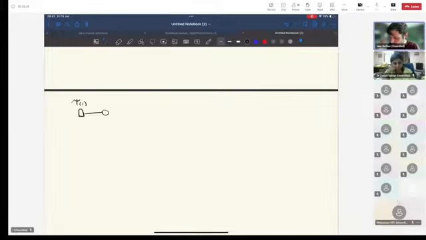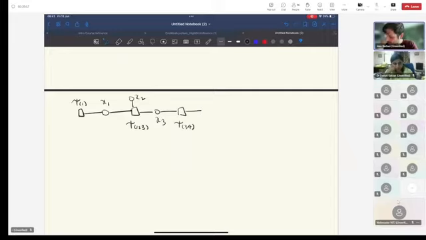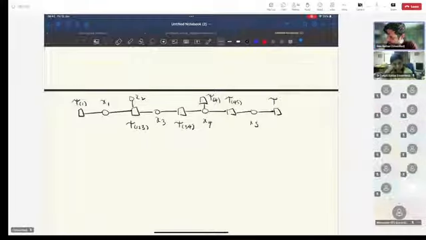Psi1, x1, psi1,2,3, x2, x3, psi3,4, x4, psi4, psi4,5, x5, psi5.